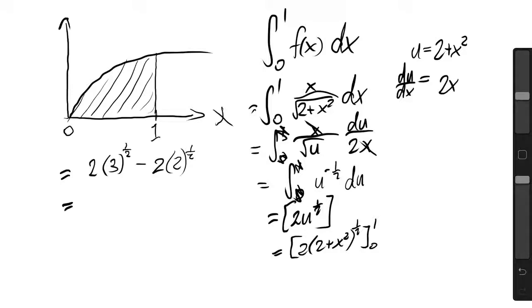Let's see, right, this is what happens if you don't pay attention. So we have a half in front, and so we have a factor of half in front of the whole thing as well.